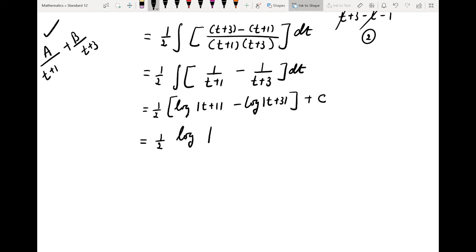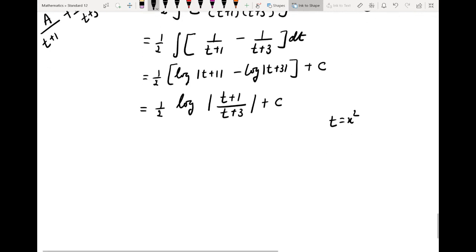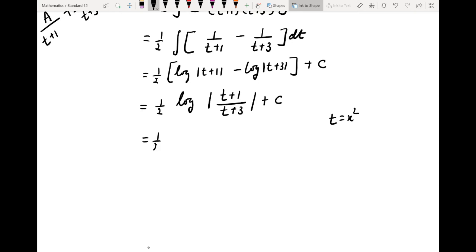So this is 1/2 log mod t plus 1 upon t plus 3 plus constant of integration, and put the value t equal to x square. So the answer will be 1/2 log mod x square plus 1 upon x square plus 3 plus constant of integration.